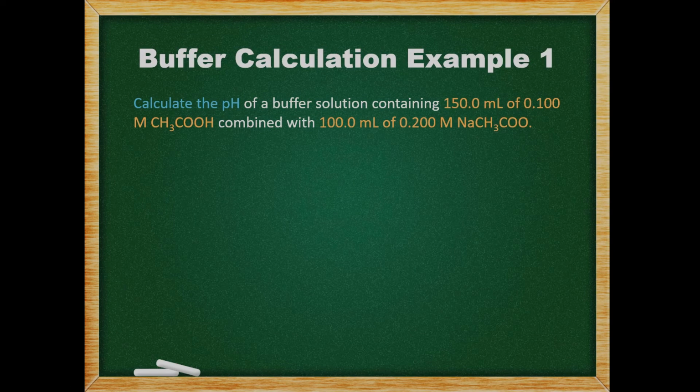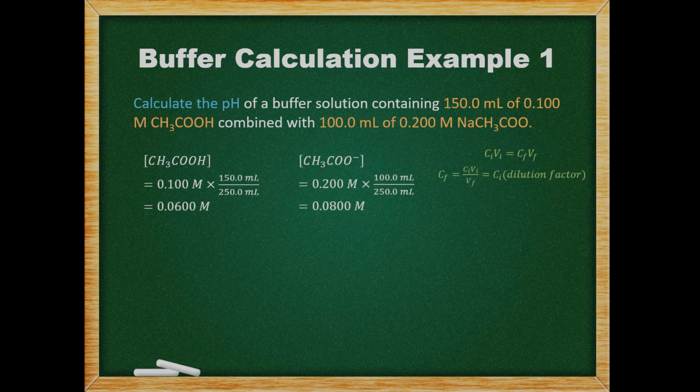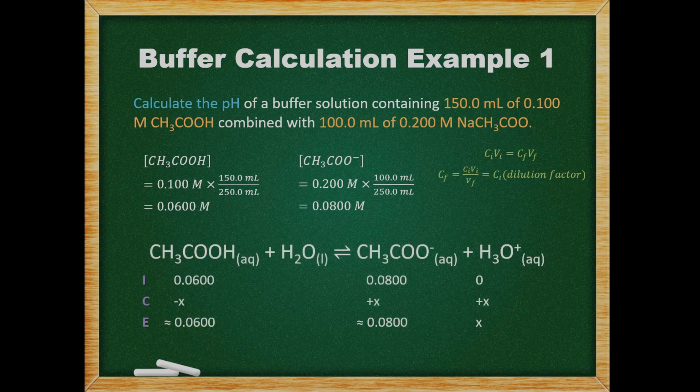This is an example of a buffer calculation where we want to calculate the pH of the buffer. We are adding 150 milliliters of 0.1 molar acetic acid to 100 milliliters of 0.2 molar sodium acetate. We get the initial concentrations by using the dilution factor, and then we create an ICE box to get the equilibrium concentrations.